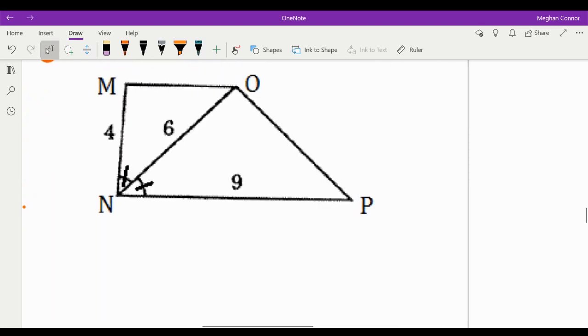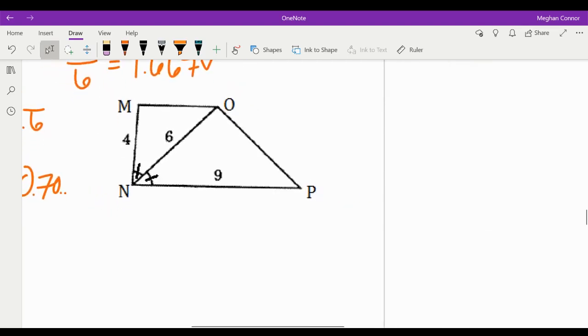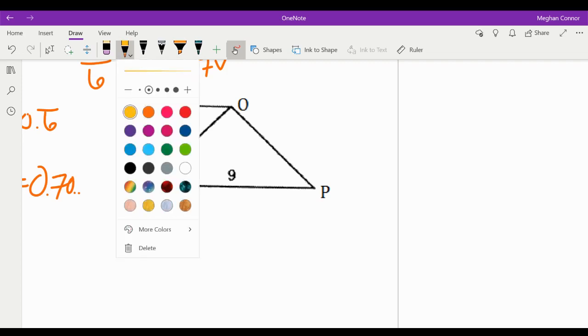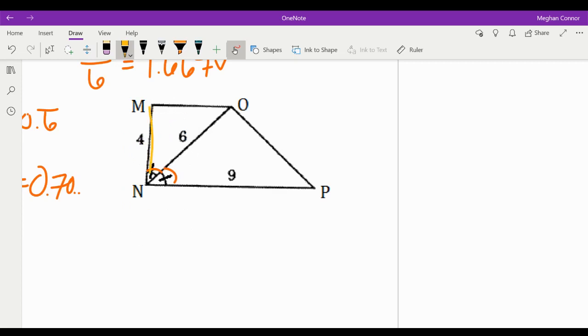Okay. We are given that two angles are equal here, this angle and this angle. And then we're given corresponding side lengths. Just realize that for the yellow triangle, this is the smaller side and this is the larger side.